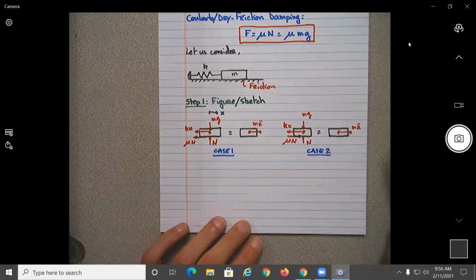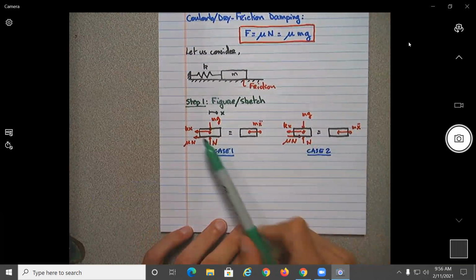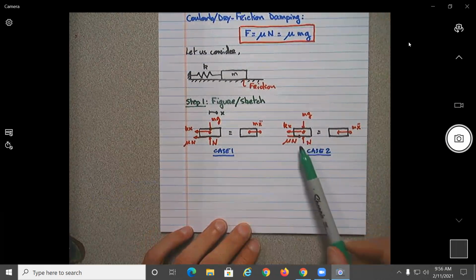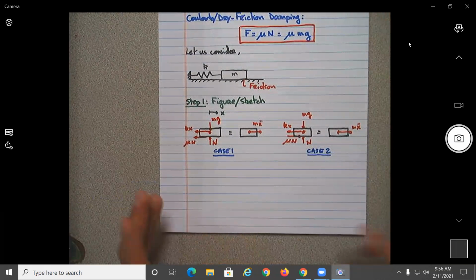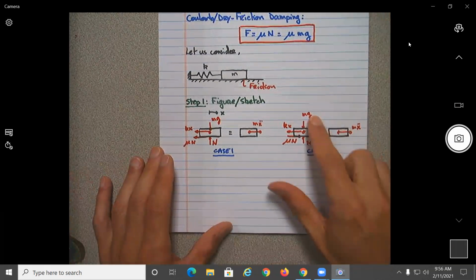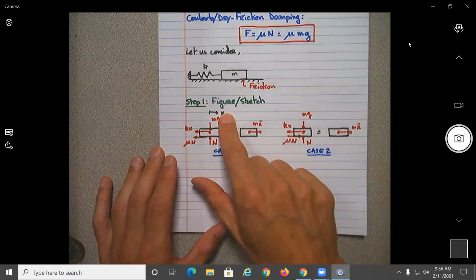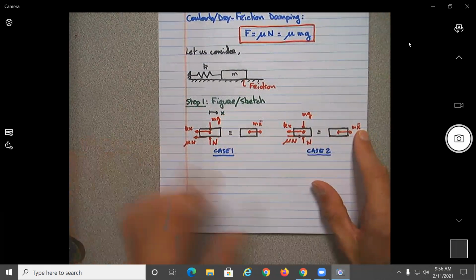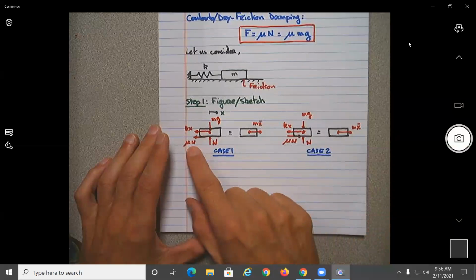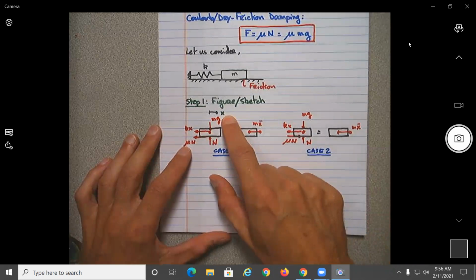You might be confused here because you saw that I still do m x double dot going to the right, and kx, and kx. The only thing I changed is the direction of mu sub m. The reason is because this is working back and forth. So x is the only thing that is related to the current system, so let's just use the normal sign convention where positive is going to the right. But what happened to the friction force? Is the friction force a function of the deformation?